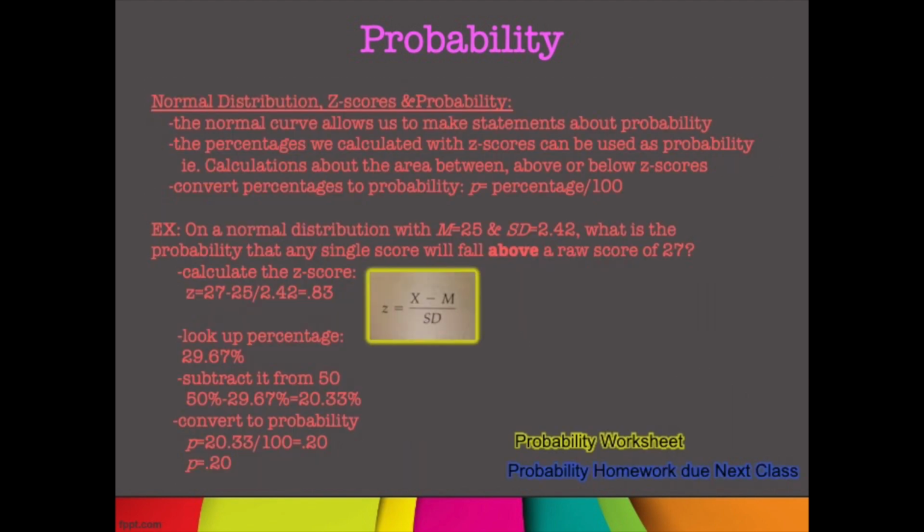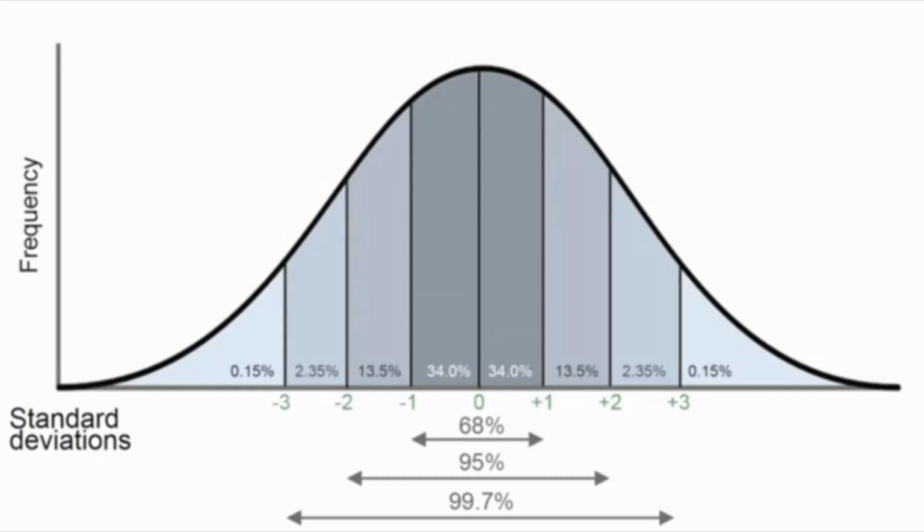Okay, so we've been talking about the normal distribution, z-scores, and probability, and so now we're going to tie it all together. The normal curve allows us to make statements about probability. The percentages that we calculated with z-scores are the percentages that we can be using as our probability statements. In other words, calculations about the area between two scores, calculations about the area above or below a certain z-score.